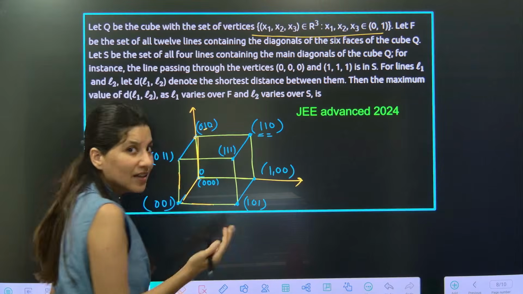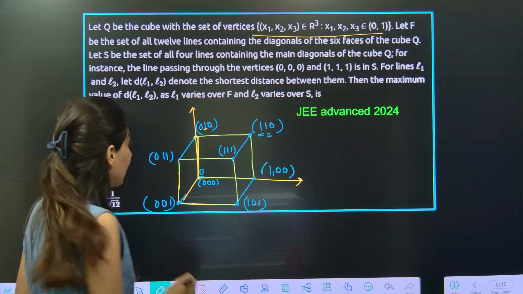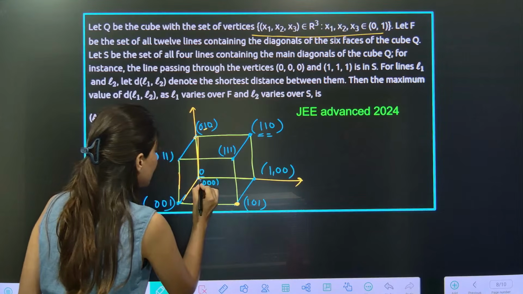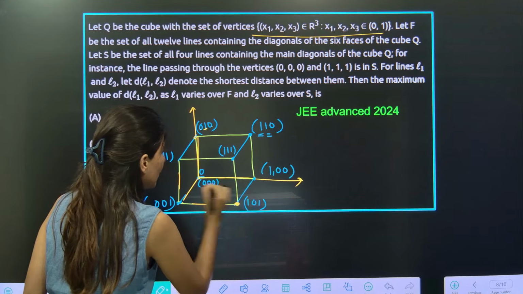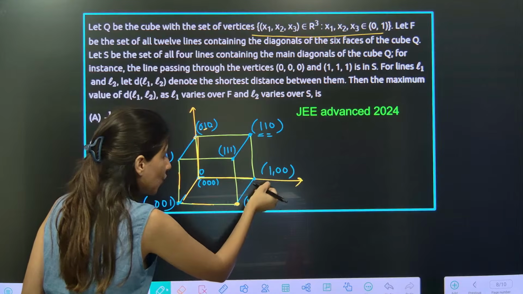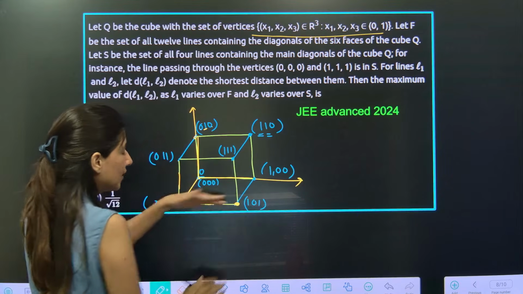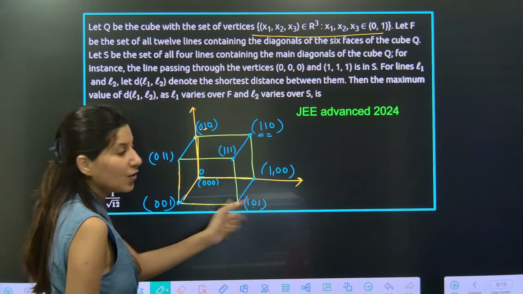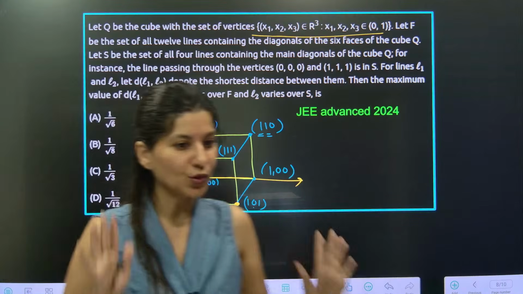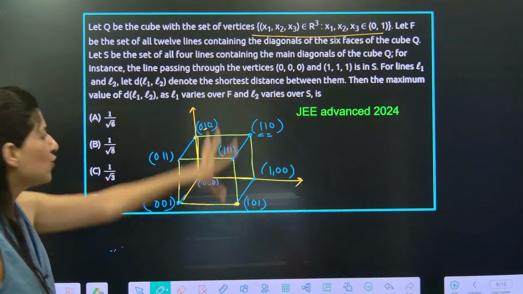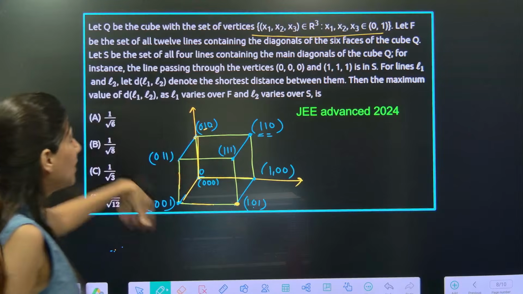Only Y you have traveled. How did you write this? You go horizontal and then you go towards it. No vertical. Can you see no vertical? So Y is 0 and X, Z are 1, 1. That's how you write. I hope there is no problem in writing all the vertices.